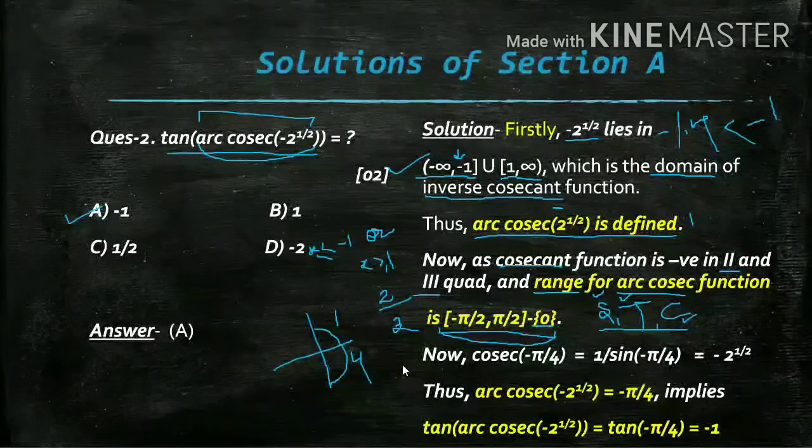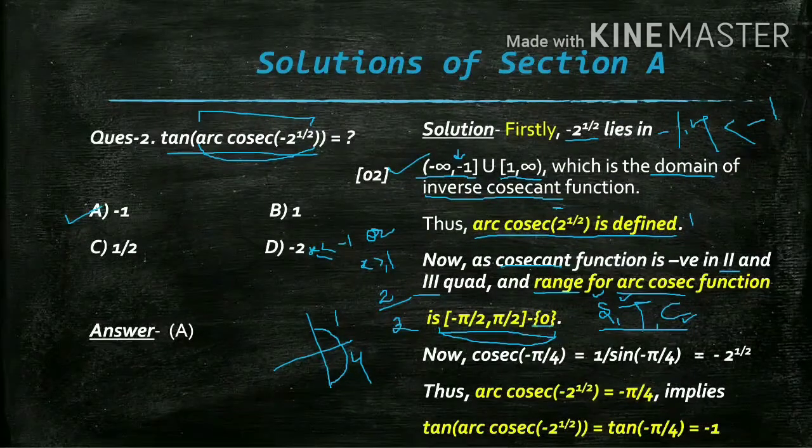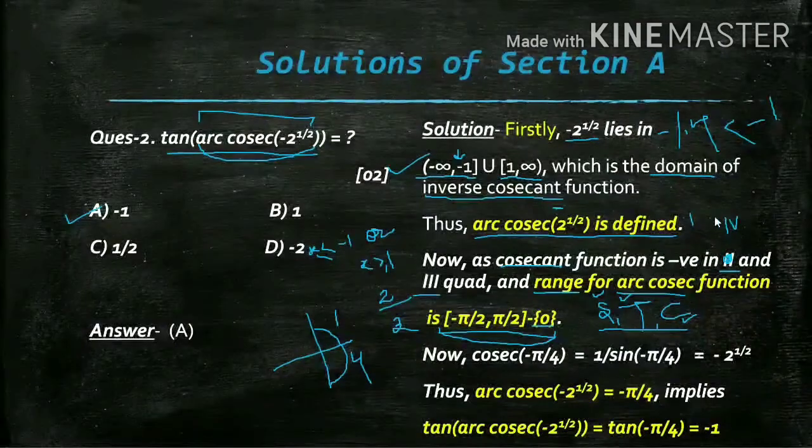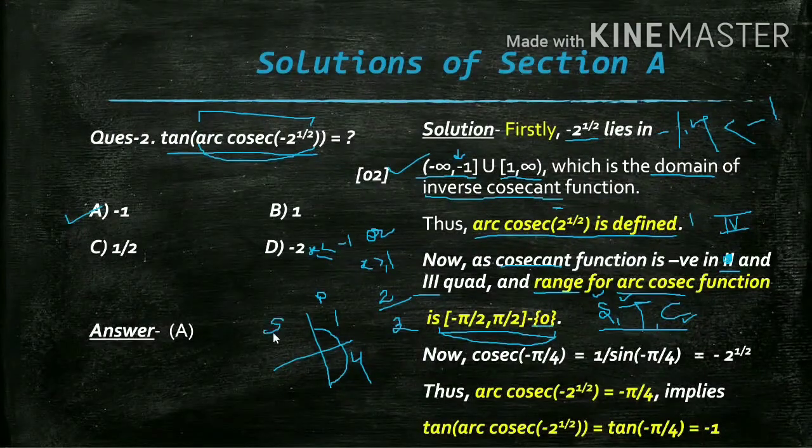Okay, 1 second. Cosecant function is negative. Oh, it's written actually wrong over here. Sorry. Because you have this rule. Let me tell you, this is all sine, tan and cos. And you have this cosec function.